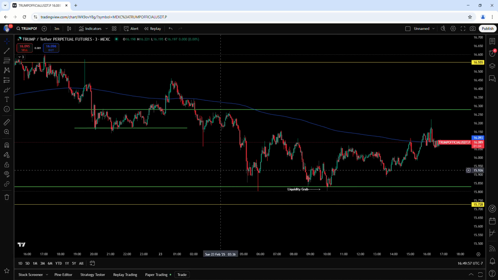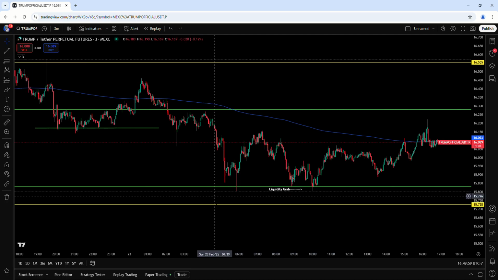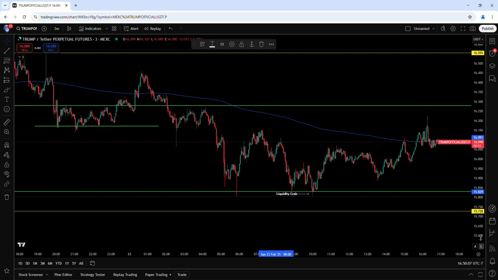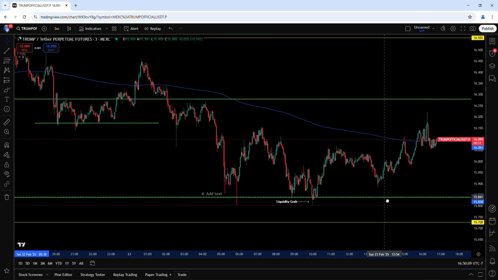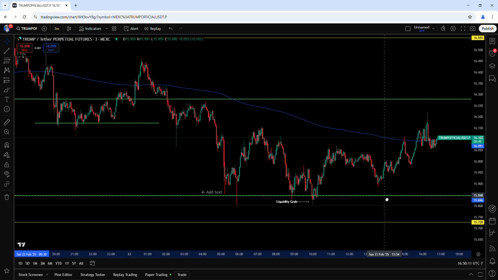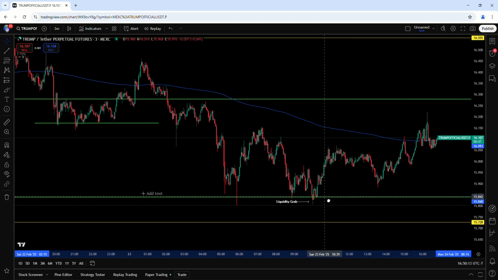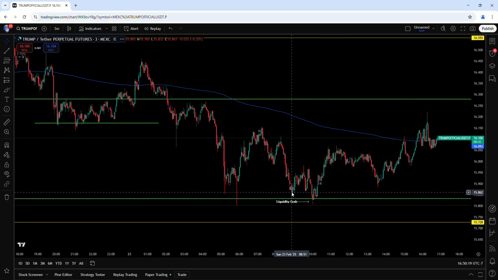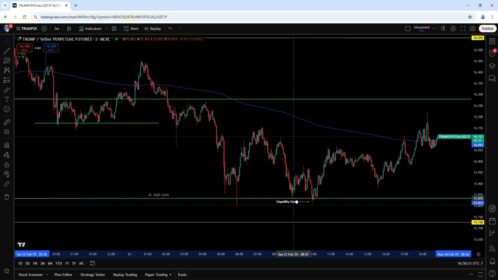Okay, so let's go to this one that we're looking at right here in the very beginning. I have it pointing right here, the liquidity grab. And remember what liquidity grab is. See how I got my trend line right here? I'm going to place it right at this low, on this very red candle, at the very low point, okay.